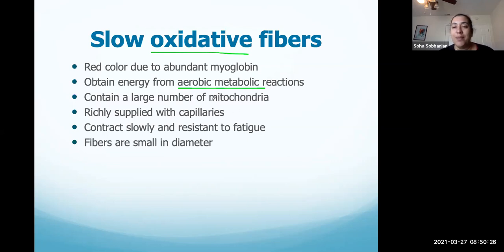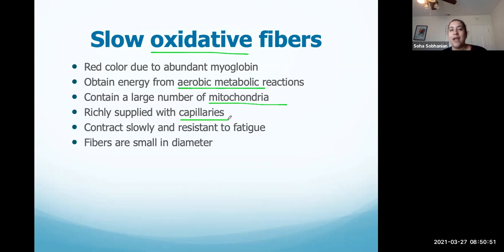They need a lot of mitochondria. Why, guys? Why do we need a lot of mitochondria? More ATP, correct. The mitochondria are responsible for ATP. So if I want to produce more ATP, I need a lot of mitochondria. They're also richly supplied with capillaries. Why do I need those blood vessels, guys?